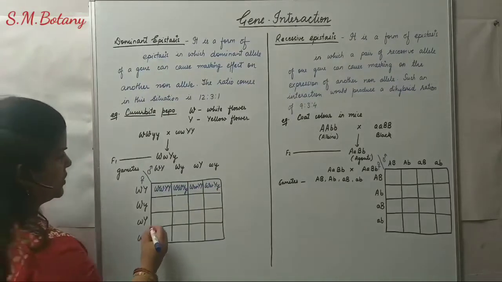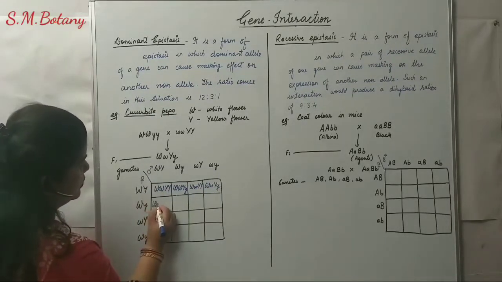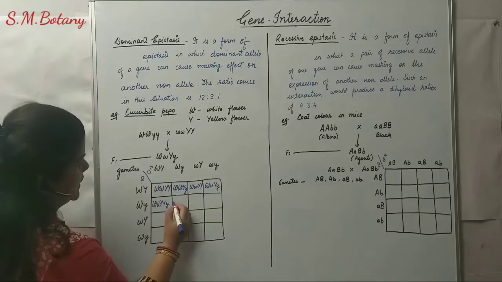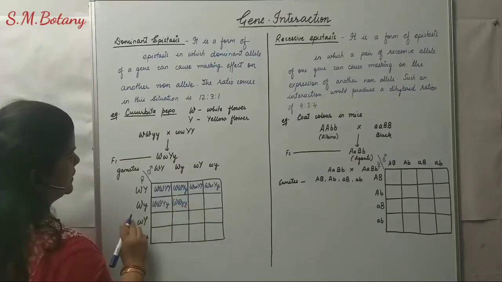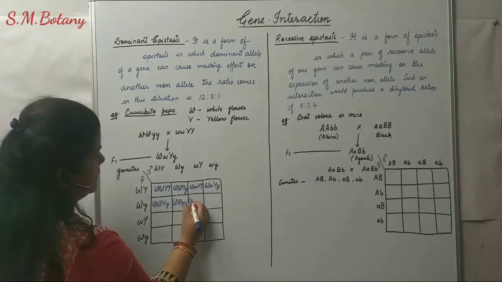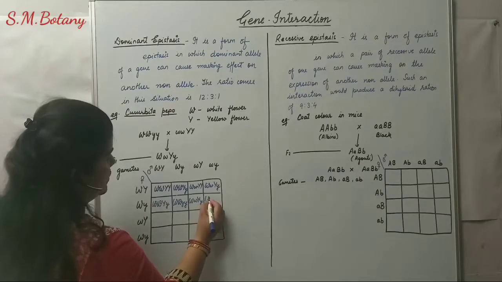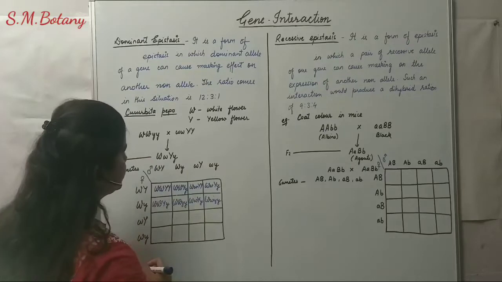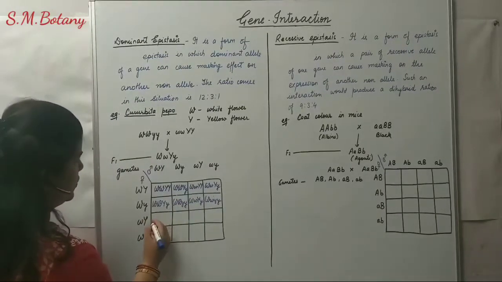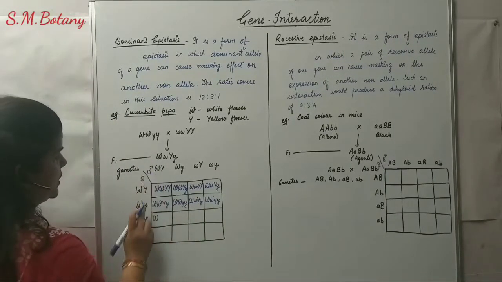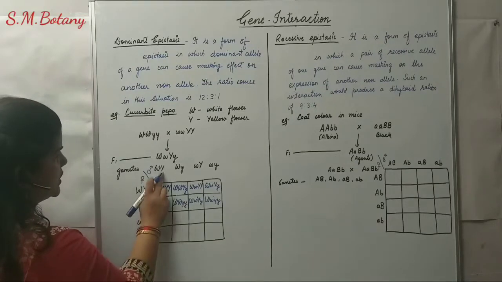In the second row, same capital W, capital Y, small y. Then again capital W, small y. In the third one, capital W, capital Y, small y. Fourth one shows capital W, small y.